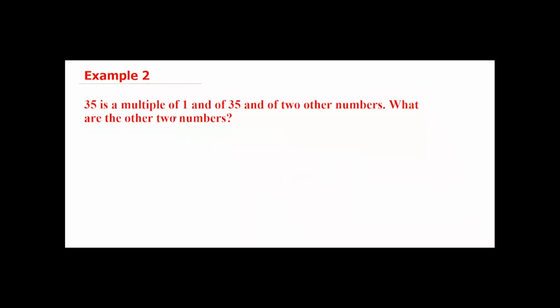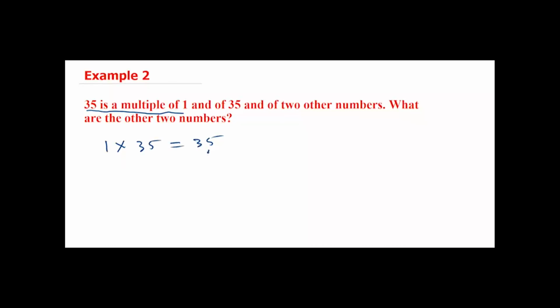This is example 2. 35 is a multiple of 1 and of 35 and of 2 other numbers. What are the other 2 numbers? Let's look at this first statement here. 35 is a multiple of 1. That means if you have 1 multiplied by 35, you get 35.